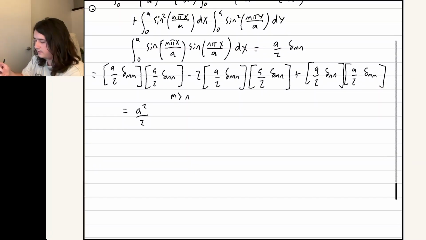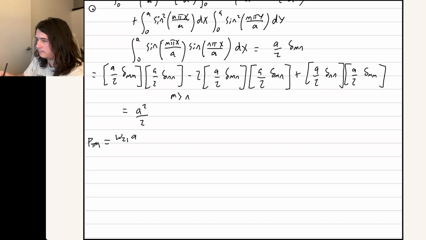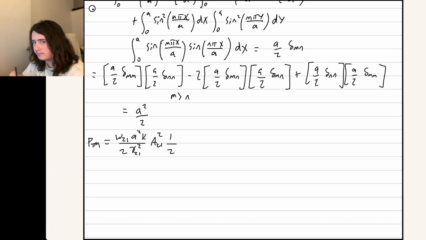So that means that the power then for the TM modes is going to be, for omega 2,1, I'm now just looking at the lowest mode, a squared k over gamma 2,1 squared, A 2,1 squared times 1 half, because I used the power equation for a square, and I had to take 1 half of it then.